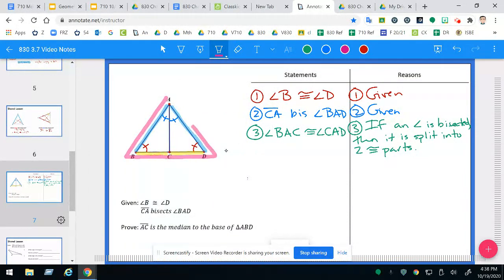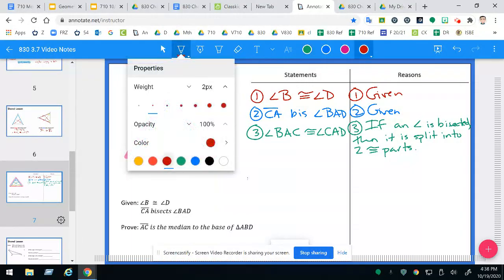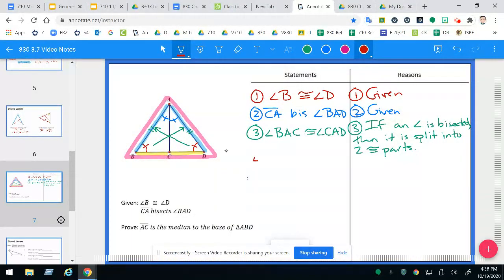Let's draw a big border around triangle BAD, the large triangle, because we have to use this here, right? So what we want to do is notice that in the triangle BAD, these congruent angles lead us to congruent sides. And that's using our shiny new theorem.